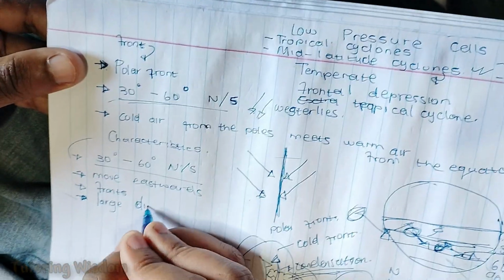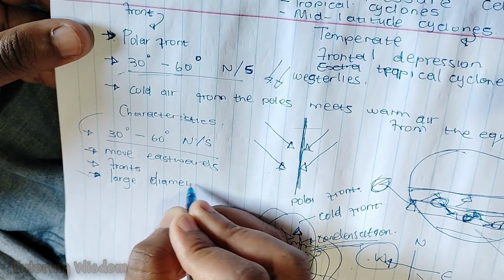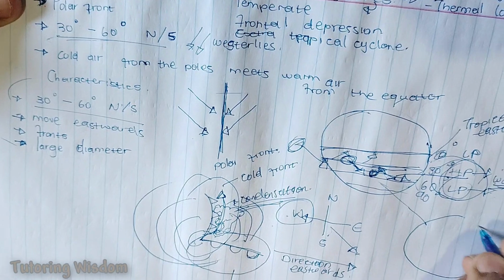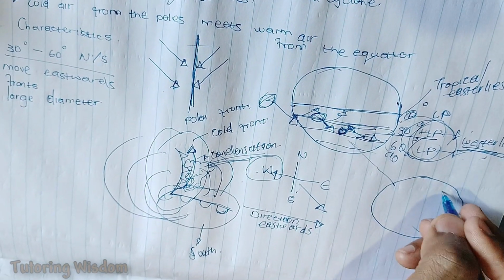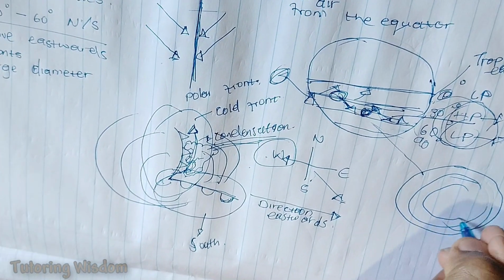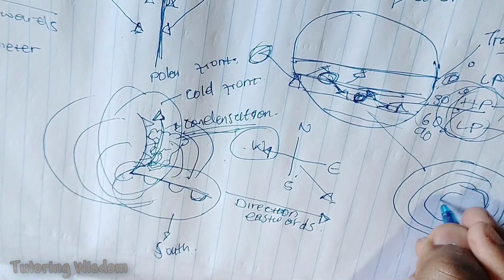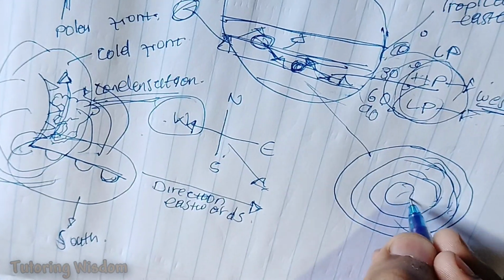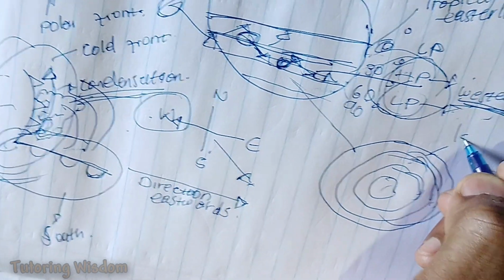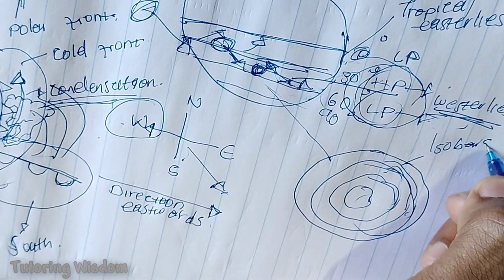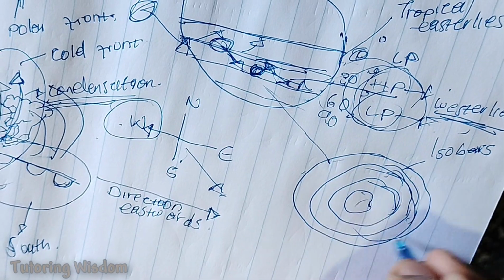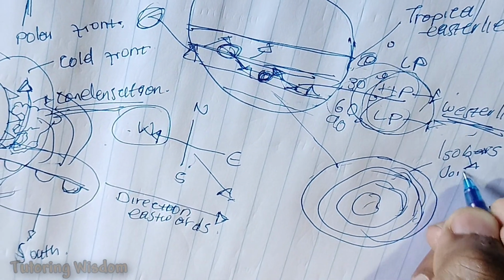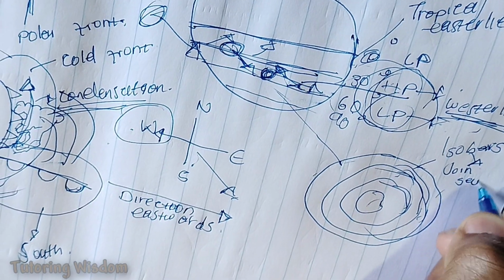Large diameter. That means mid-latitude cyclones are huge, right? By diameter they mean this. Now remember, your cyclones or pressure cells are represented by your isobars, right? So these lines are your isobars, which join areas of same pressure.